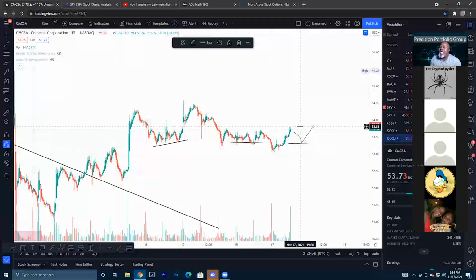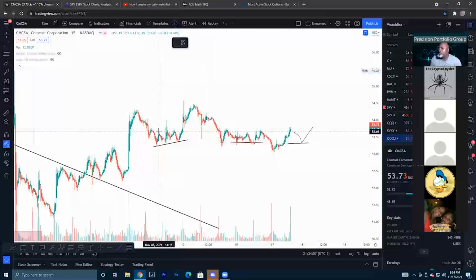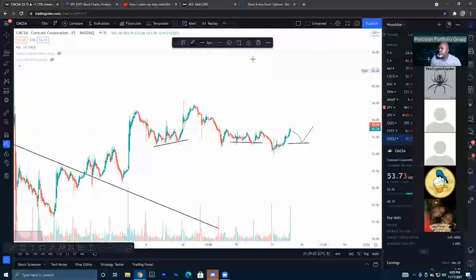So most likely, because it is on, let's say, a minor pullback, but now it's on an uptrend, you want to see some type of support and resistance. This is the support. Now my resistance will be, and I would go back even a couple of days, and I would draw another. These three right here, I would draw.